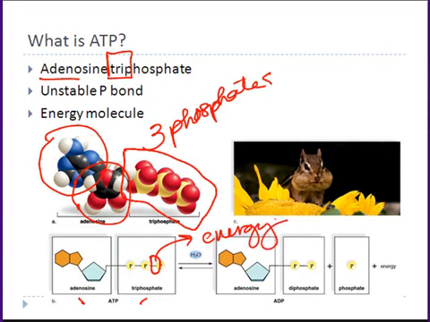We store energy in the form of these ATP molecules, and then when we're ready to perform work inside of the cell, we break apart that very unstable bond, releasing a phosphate group, and use the energy that we derive from breaking apart that molecule to perform work inside the cell. All right, that's it for nucleic acids. That's the end of our tour of organic molecules and the end of your required content for this week.